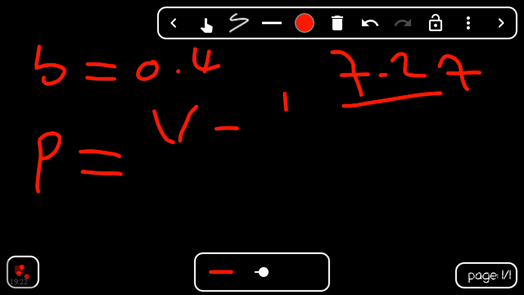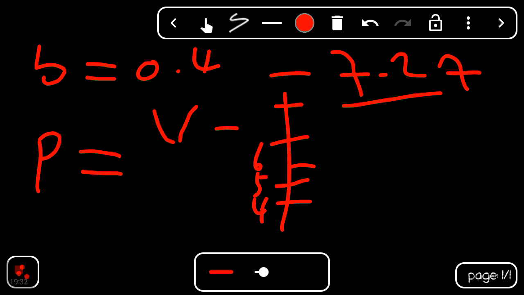Let's say you have your graph like this, you have 4, 5, 6, 7, 8. You can see this is 7.2. So the least number is actually 7 before you get to 7.2. It's telling you that 7.2 is between these two, 7 and 8.